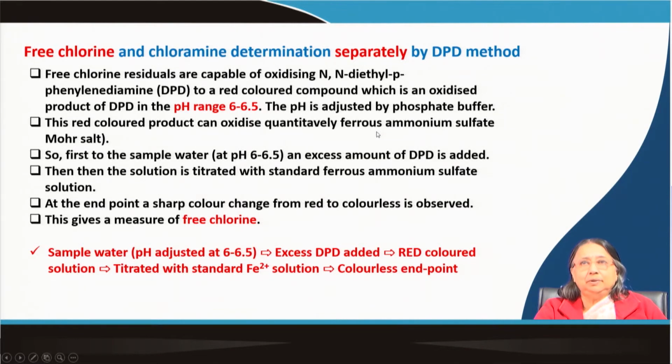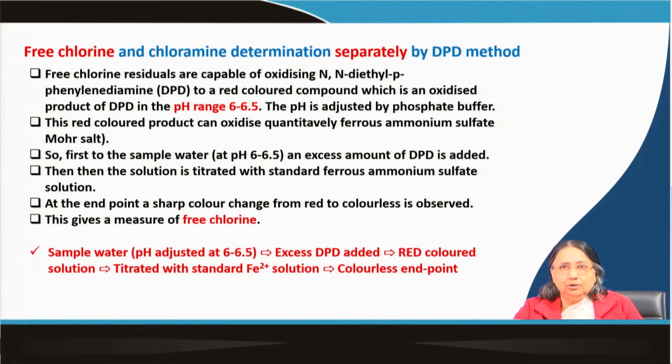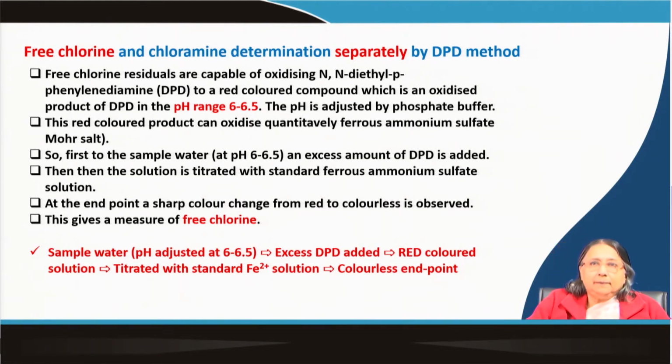So, you can prepare the standard with a known concentration of Fe2+, and you can titrate the red colored complex produced in your conical flask, for example. From the titration you can see how much Fe2+ is required, and then you can easily calculate how much chlorine was there to oxidize the DPD.